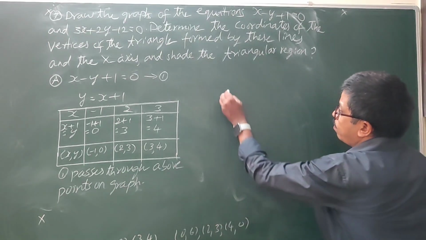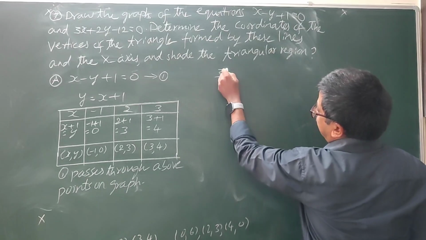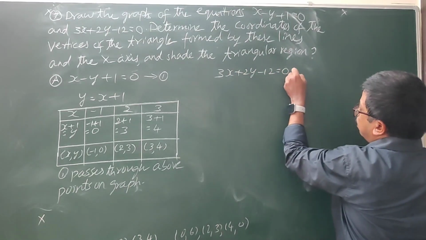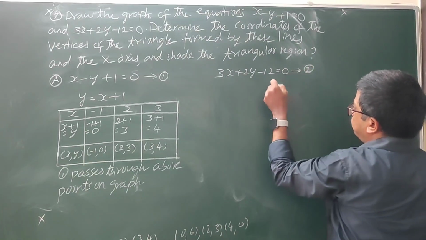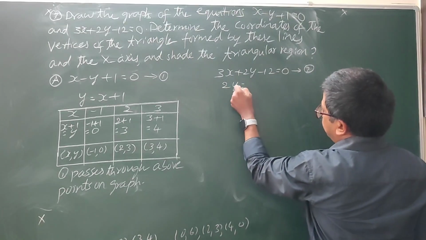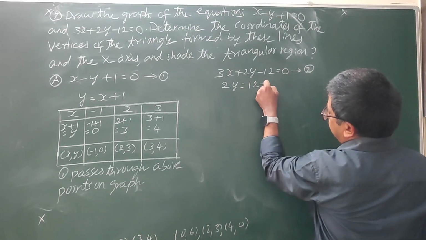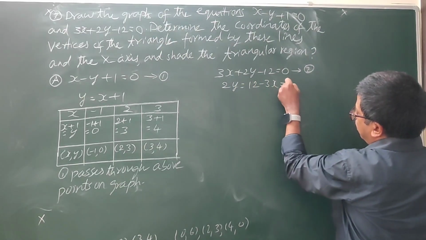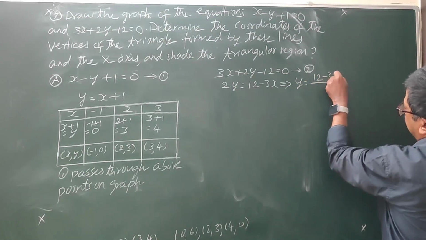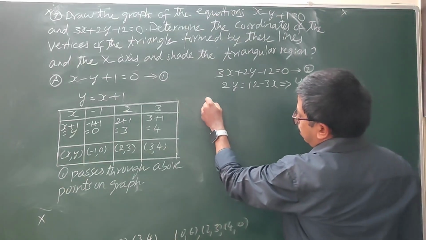Next, let me go for second equation. That is 3x plus 2y minus 12 equal to 0. Let it be 2. Next, 2y equal to 12 minus 3x, and finally y equal to 12 minus 3x by 2.